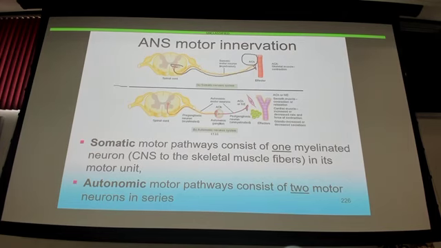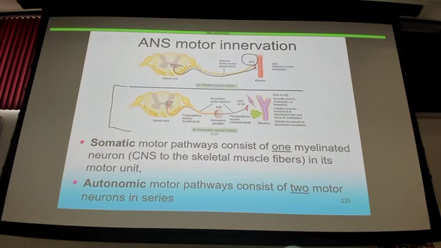Okay, we want to focus in here on this autonomic nervous system, because the autonomic nervous system consists of 2 motor neurons. So when you look at the sympathetic or the parasympathetic system, there will be 2 neurons. So autonomic motor neurons come out of the lateral gray horns of the spinal cord.